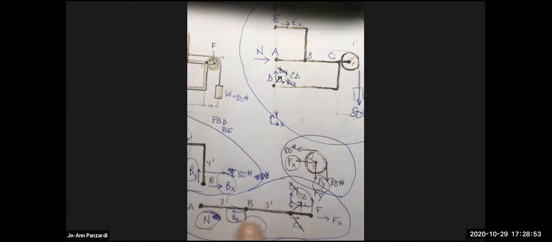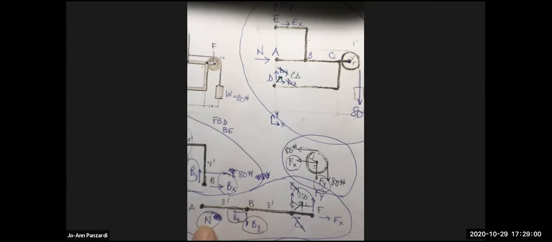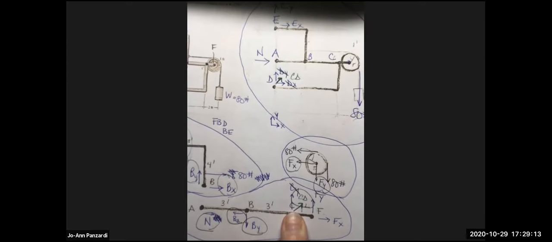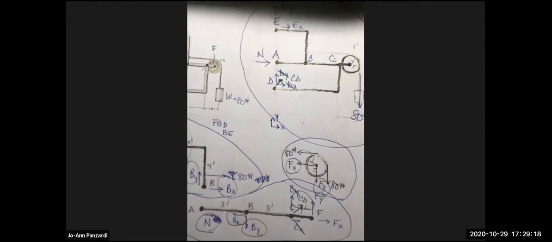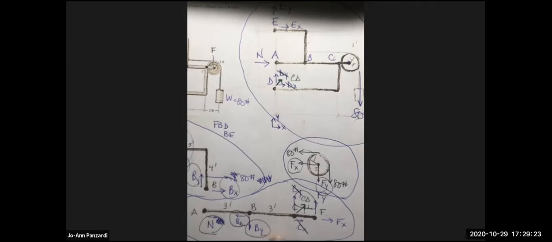If I took this free body diagram and I know FX and FY, I could do the sum of the moments about B, because these cancel, this cancels, and CDX cancels, but I could calculate what CDY is. And if I have CDY, then I know what CD is. So then I would have this done. Then I have the CDs. This free body diagram is not going to help me at all. But now I have FX and FY.